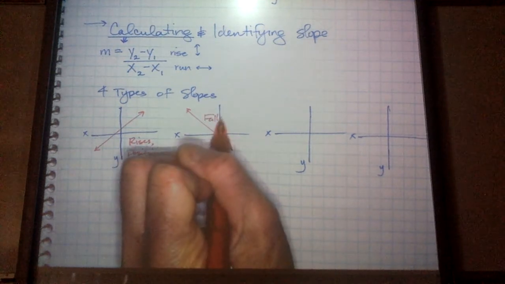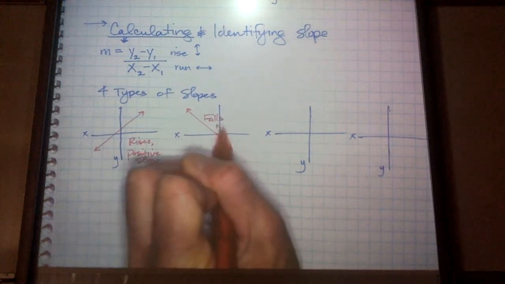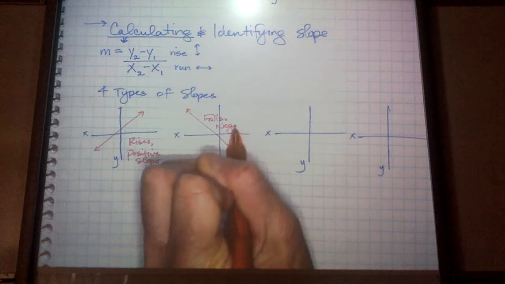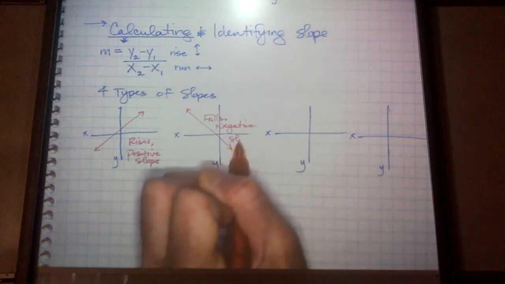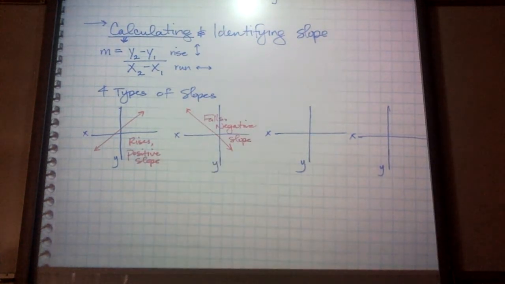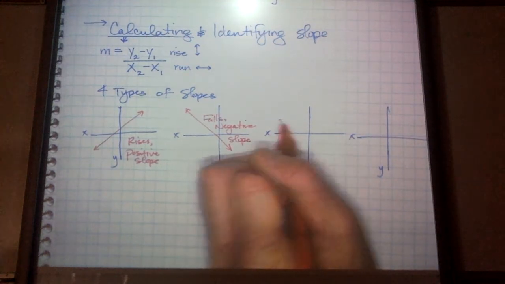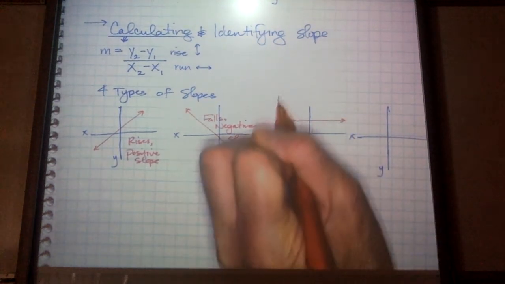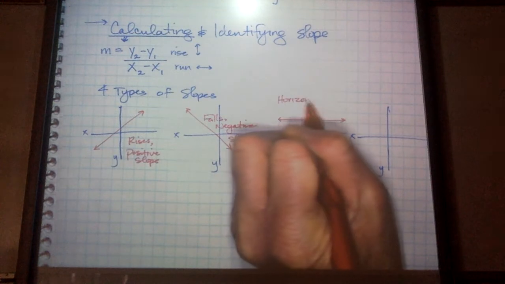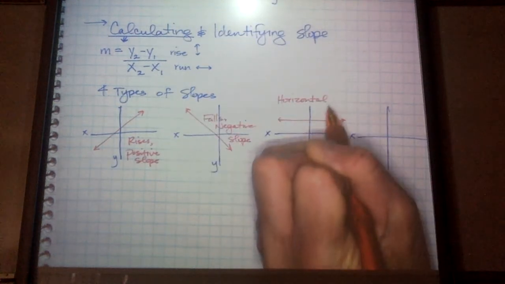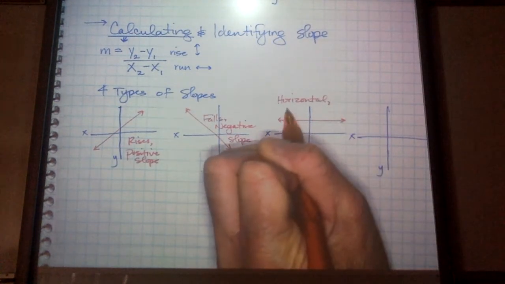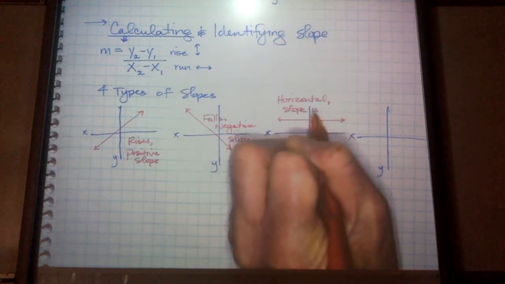Opposite of a positive slope would be if it falls. If the line falls, then I would say this has a negative slope. Now, then there is a horizontal line. And if it is horizontal, my slope is 0.